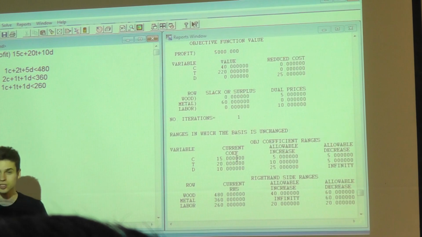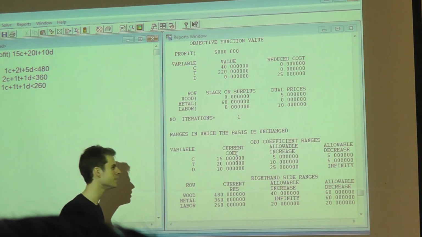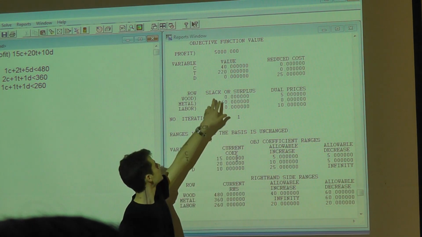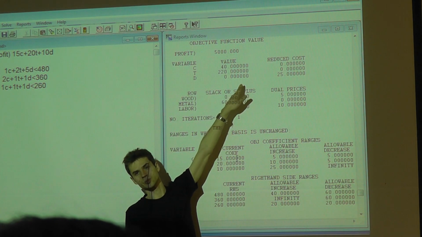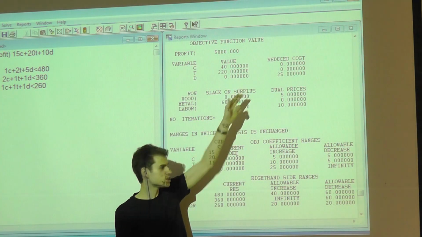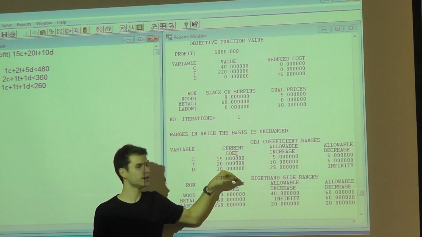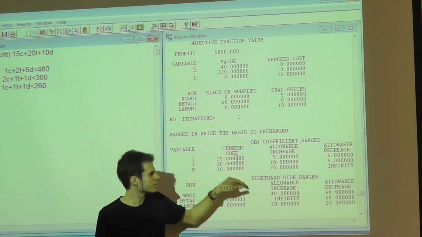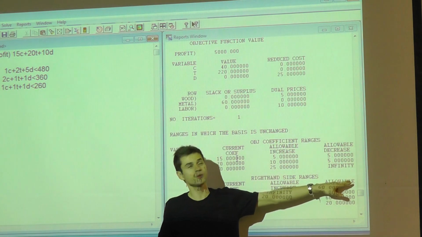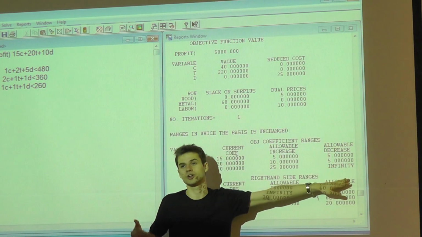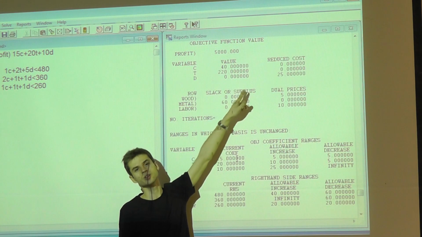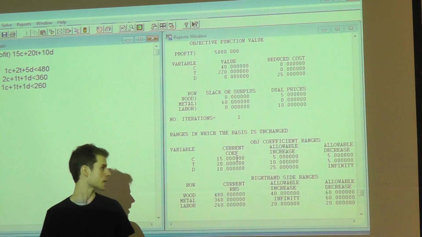You actually incur a loss by production, by sale of a door. Still, the optimal solution will have no doors in the production mix, which is reasonable. If currently this profit is not enough to justify production of one door, then if you derive even less profit, it doesn't matter how much less, you still will not want to produce any doors.